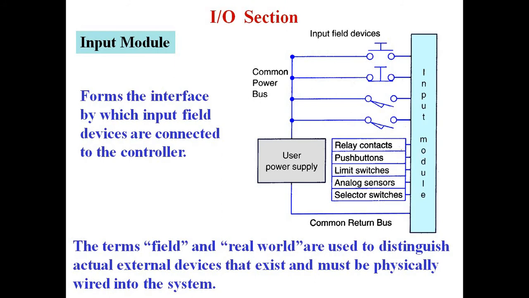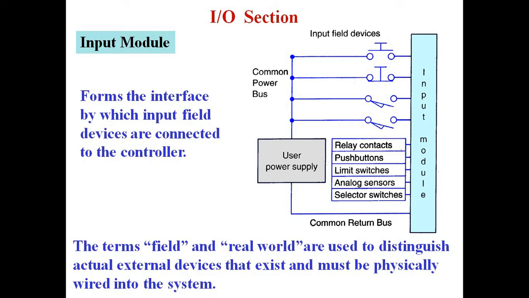Input-output section, input module. It forms the interface by which the field devices are connected to the controller. The terms field and real world are used to distinguish actual external devices that must be physically wired into the system. Here in the diagram: input module, then input field devices, common power bus, that means user power supply.